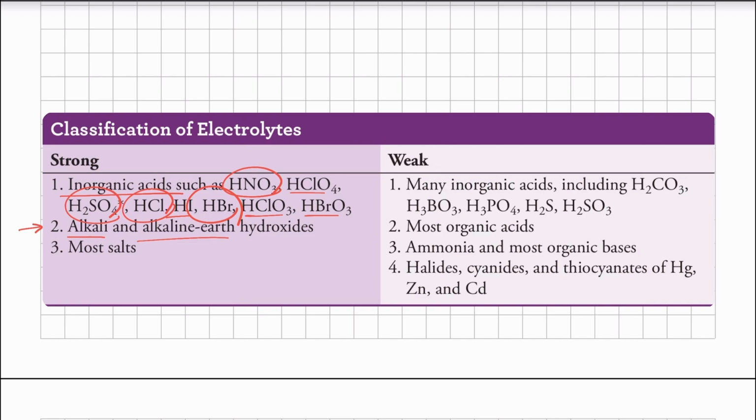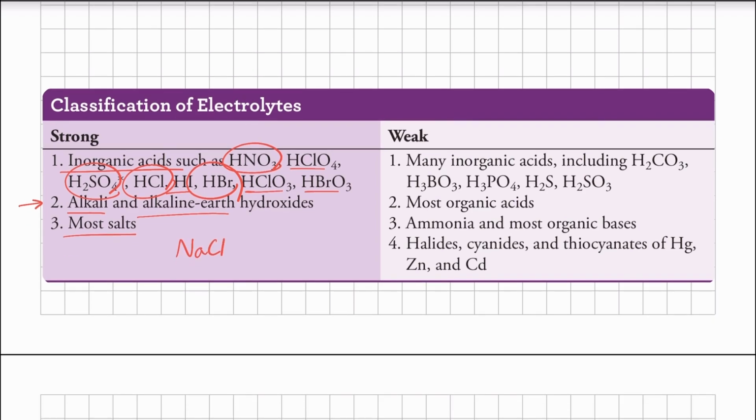On the other hand, most of the salts are strong electrolytes, salts like NaCl, or sodium chloride, and potassium nitrate. And examples of alkali or alkaline earth hydroxides are NaOH, or sodium hydroxide, KOH, potassium hydroxide, and some more.